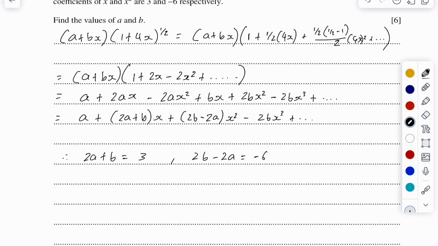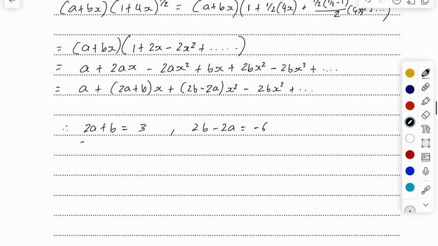From here, if we add the 2 together, we get 3b, as a cancels, equal to minus 3. 3 plus minus 6, negative 3.